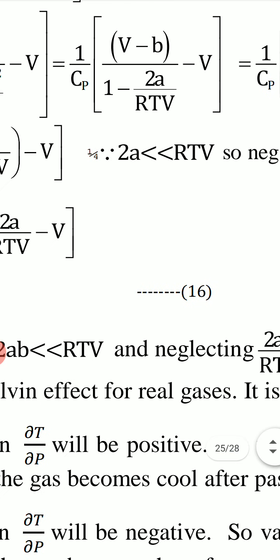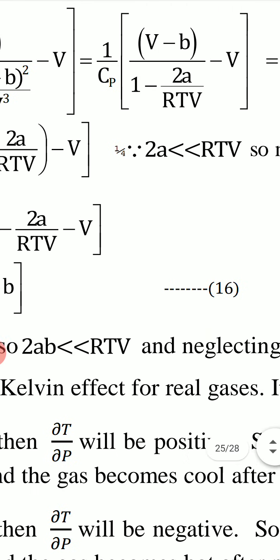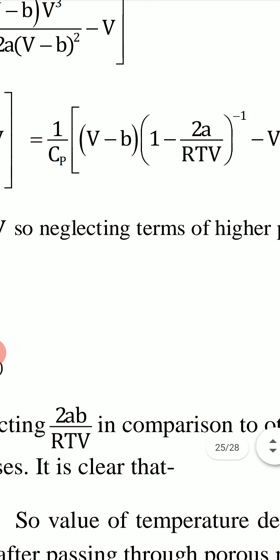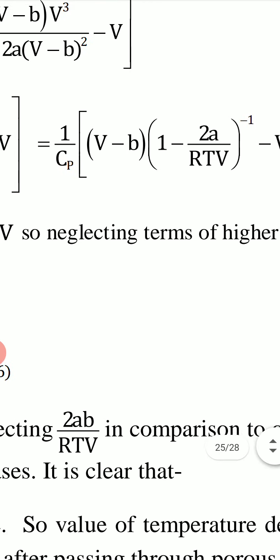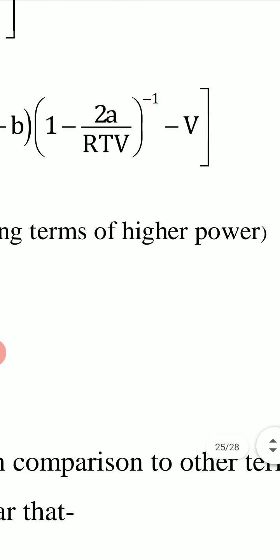So it becomes 1 plus 2A upon RTV, and other terms we neglect because 2A is much less than RTV. Other terms are square, cube and higher order terms which are neglected.